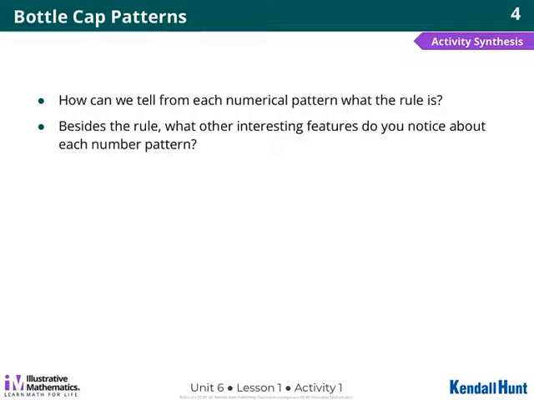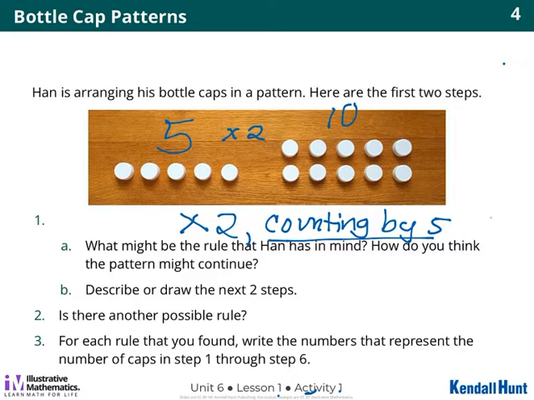I heard all kinds of good stuff. Jace, what did you guys talk about? I found out that the patterns were multiplying by 5 and adding 5. Okay, but how could you tell that? Because for step 1, if you have 5 and you have 10, you could just add another 5 to it or multiply it by 2.